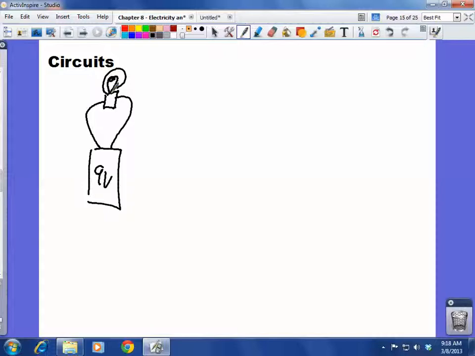The only things we're going to worry about are resistors, basically a squiggly line, and power supplies. So in this case, our light bulb is our resistor, and this 9-volt battery is our power supply.